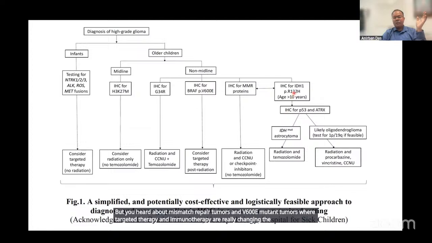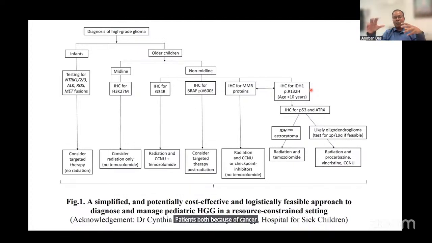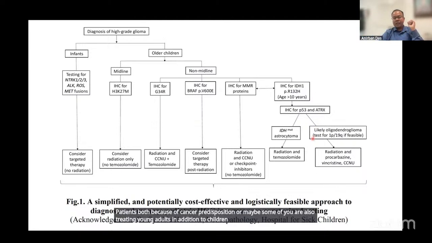And for IDH mutant gliomas, which are rare in children, but maybe some of you will diagnose some of these patients, both because of cancer predisposition, or maybe some of you are also treating young adults in addition to children, there, as we talked, inhibitors are really in. They were not in when we published this in 2023, so this was still radiation and temozolomide.